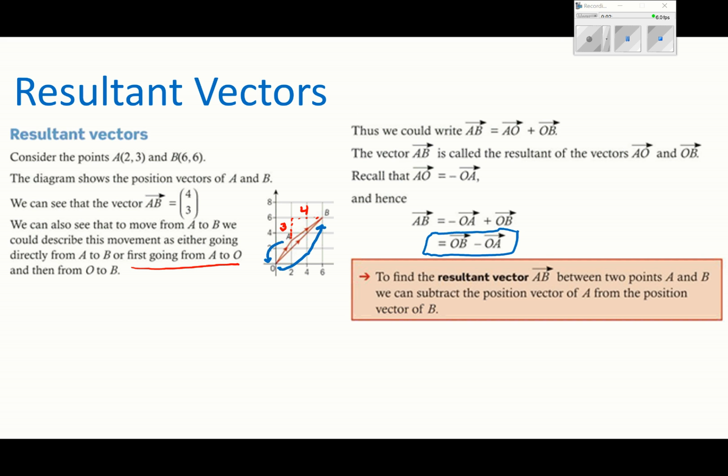So to find the resultant vector AB between 2 points A and B, we can subtract the position vector of A from the position vector of B. This is a formula that we will use. So understanding that there's alternate routes we can take to get between 2 points when we reference our initial vector and represent it with the origin.